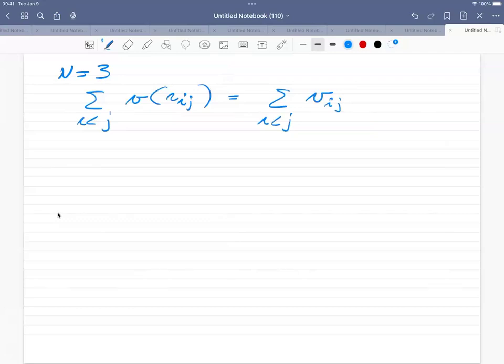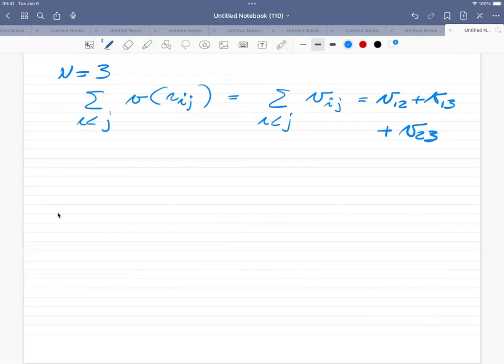And since we have three particles and they cannot interact with themselves, this is the same as V12 plus V13 plus V23. So these are the interaction terms which we need to consider when we are setting up an integral.